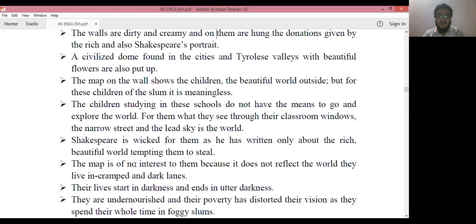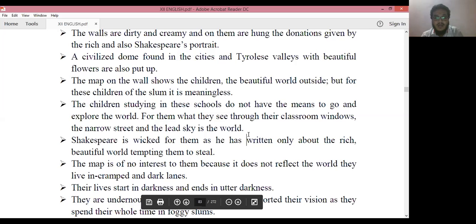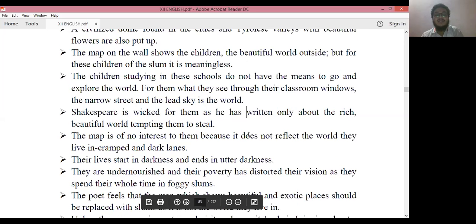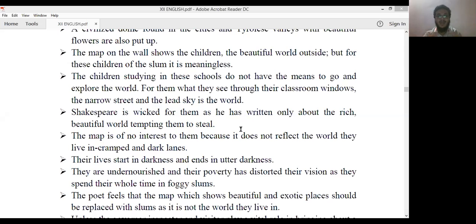Okay, next one here. Shakespeare is wicked for them as he has written only about the rich, about the rich, beautiful world tempting them to steal. So here in the third paragraph, the opening line connects to the third stanza of the poem.